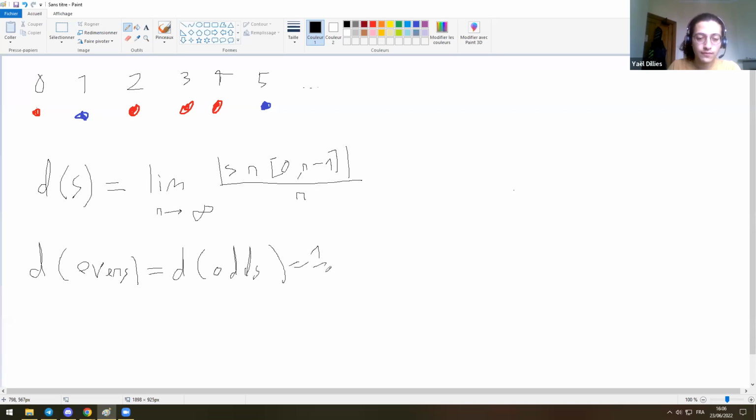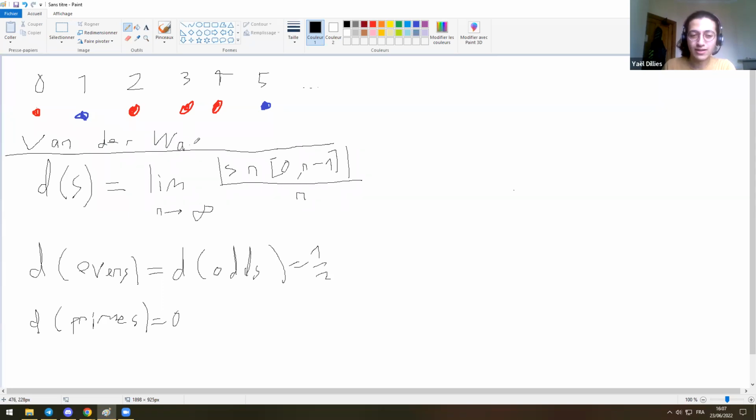And the density of the prime numbers will be equal to 0. Stuff like this. So now we replace this statement of van der Waerden by the stronger thing, which is now called the Szemerédi theorem.